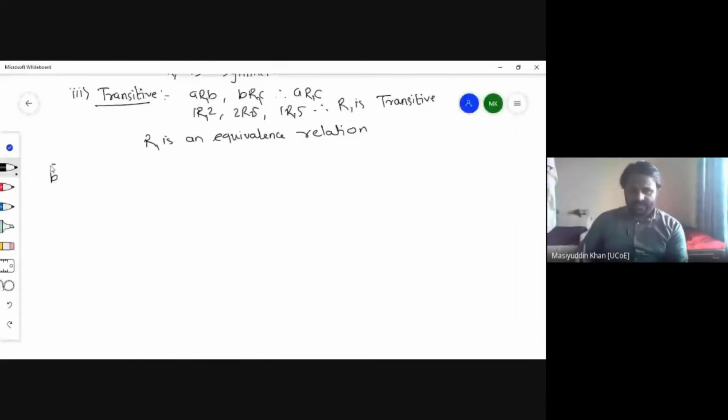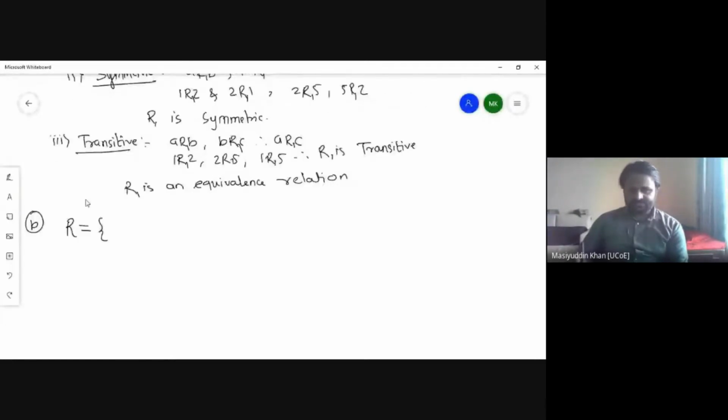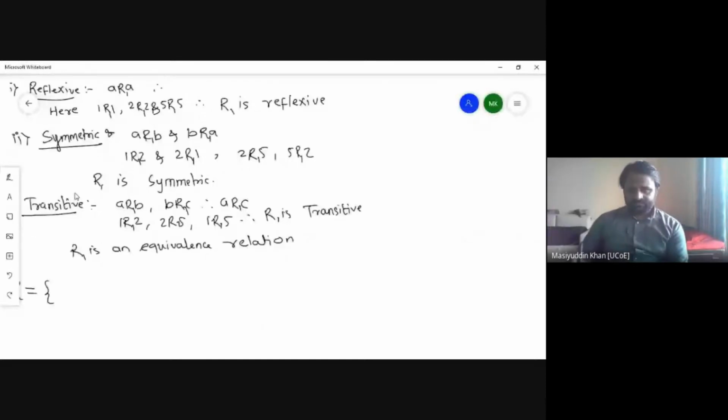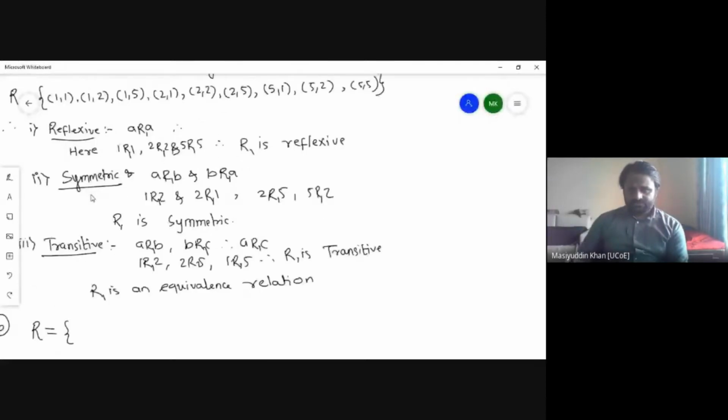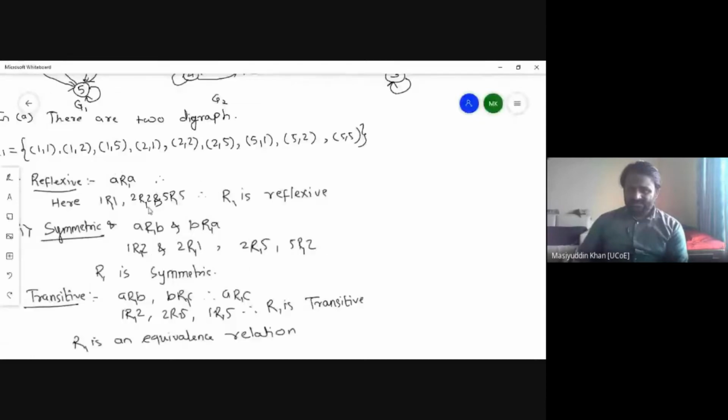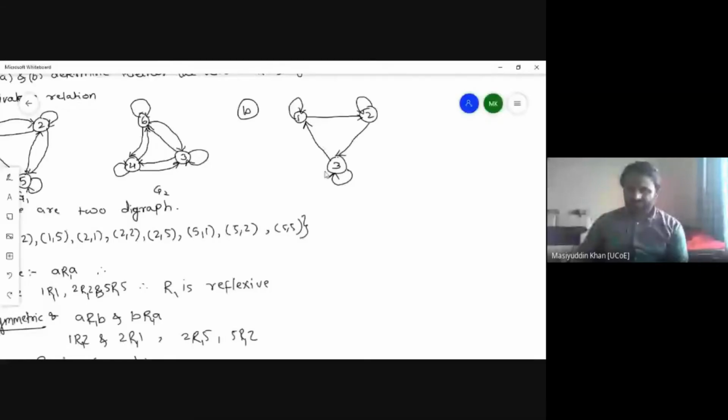First we have to write R equal to, according to the structure. 1 comma 1 is there, 2 comma 2 is there, 3 comma 3 is there, 1 to 2 is there, 2 to 3 is there, 3 to 1 is there.